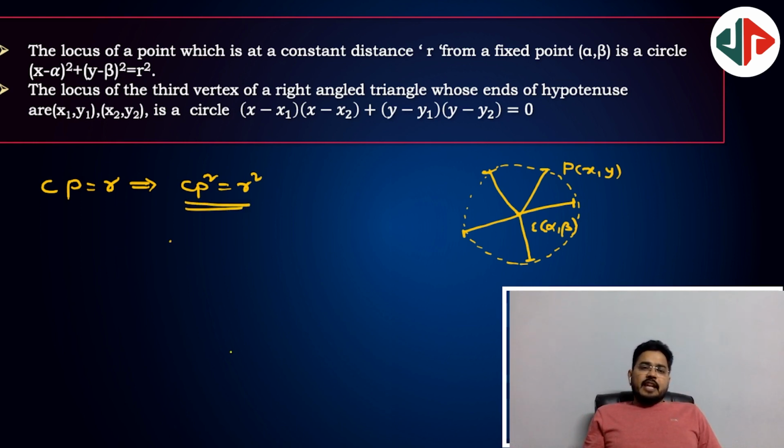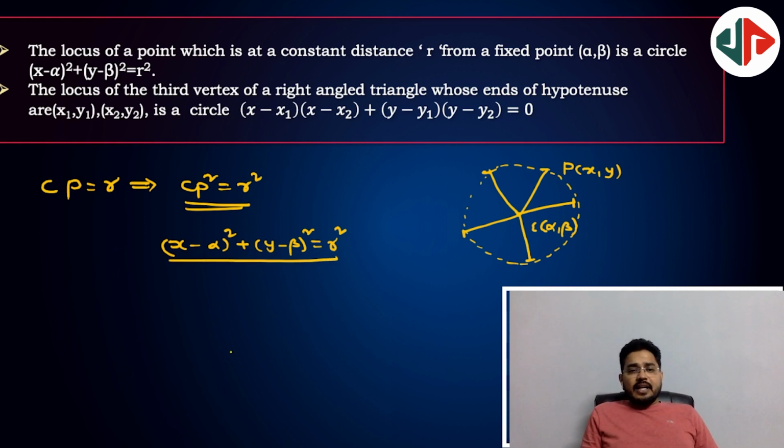With the help of that, you can write (x minus alpha) whole square plus (y minus beta) whole square is equal to R square. This is the equation of the circle. Or in locus terms, what do you need to say? These are the locus of points which are R units away from (alpha, beta).